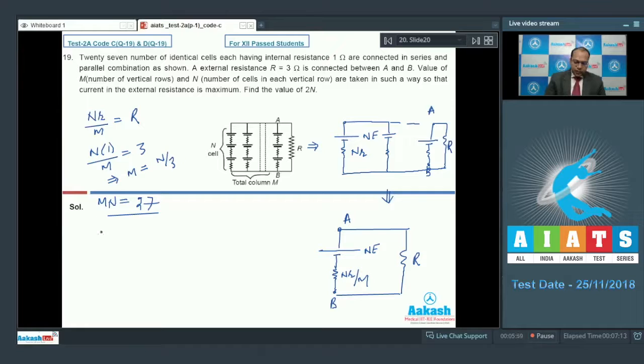So if I substitute this value here, then N by 3 into N is equal to 27.